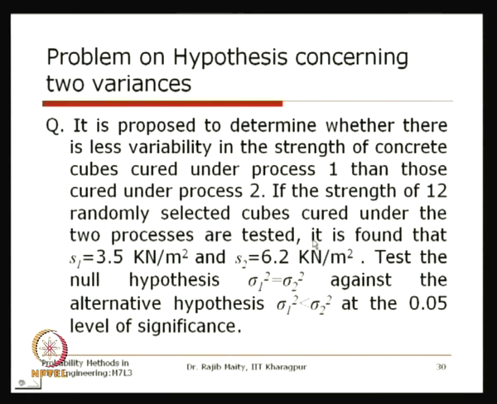And so, sample data is taken. 12 randomly selected cubes under each of the 2 processes are tested. It is found that S1 is 3.5 kilonewton per meter square and S2 is 6.2 kilonewton per meter square. Test the null hypothesis that they are the same against the alternative hypothesis that the first one is less than the second one at the level of significance 0.05.